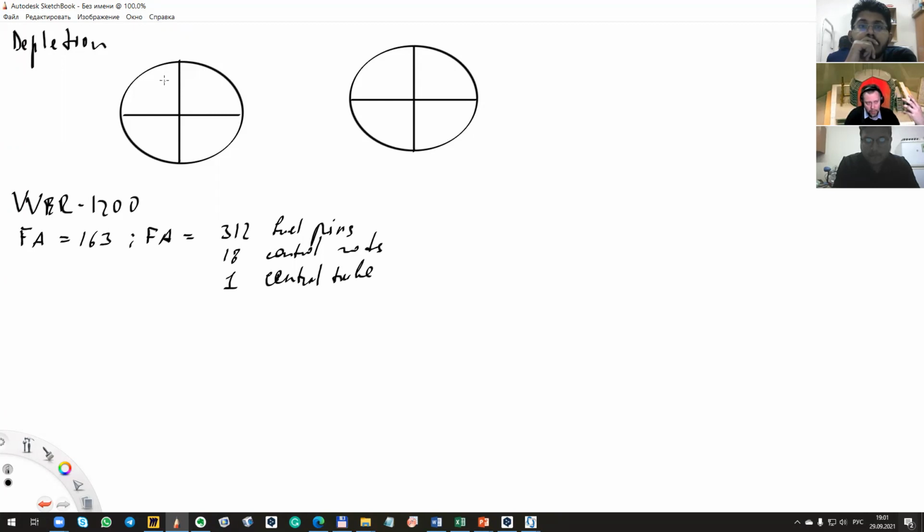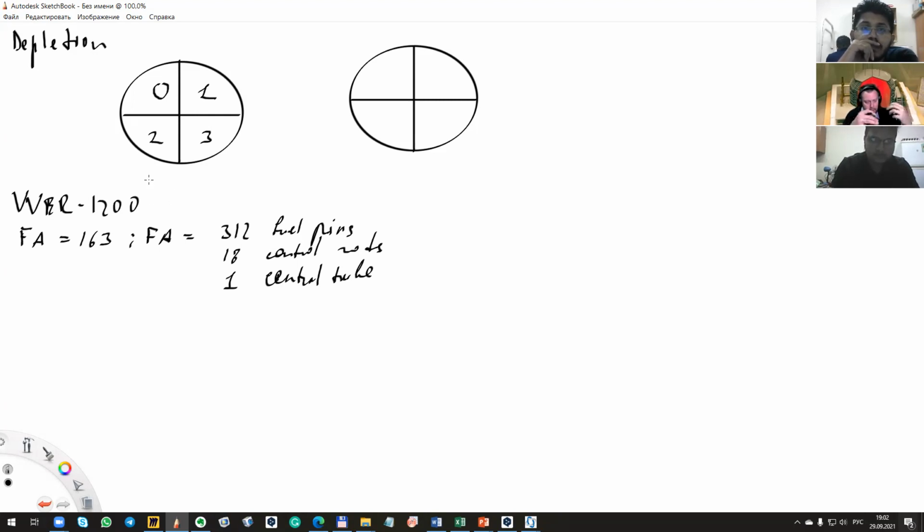After the reloading process, in the core there is fresh fuel designated as 0, then 1 cycle, 2 cycle, and 3 cycle. So we can divide 163 by 4, and this is approximately 40 fuel assemblies each: fresh, 1, 2, 3.